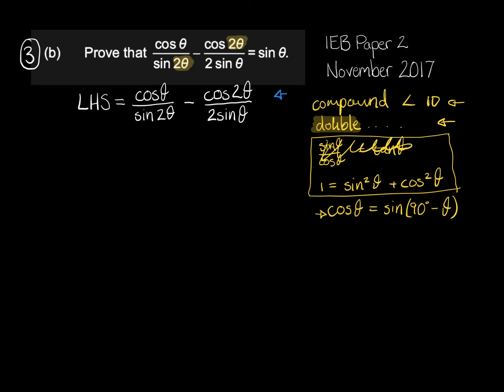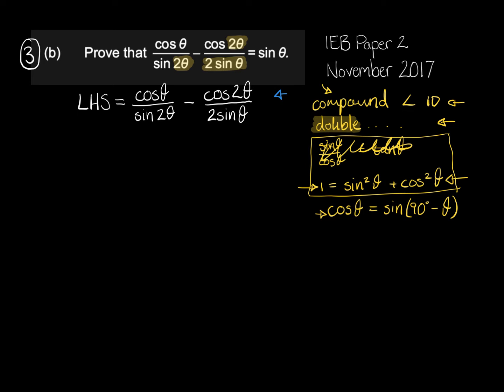I also don't see 1, which means I'm probably not going to use the 1 equals blah blah blah, but I'm going to leave that option open for now. I'm also going to leave the compound angle open for now, and I'll show you why. This might turn into something interesting just now.